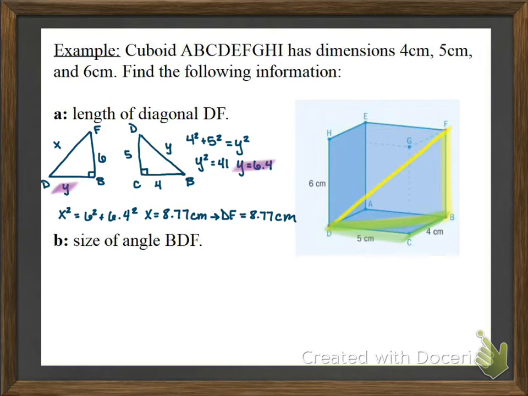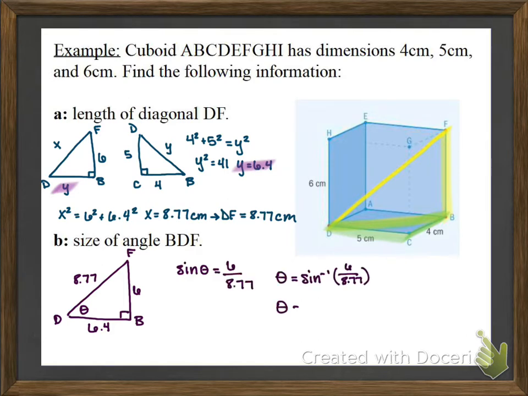Next we want to find the angle size of BDF. We're using that triangle we had before. We now have all three sides: 8.77, 6, and 6.4. We want to find the angle measure at the vertex of D. We can use SOHCAHTOA, or you could use cosine rule. Personally, I'm just going to use SOHCAHTOA.